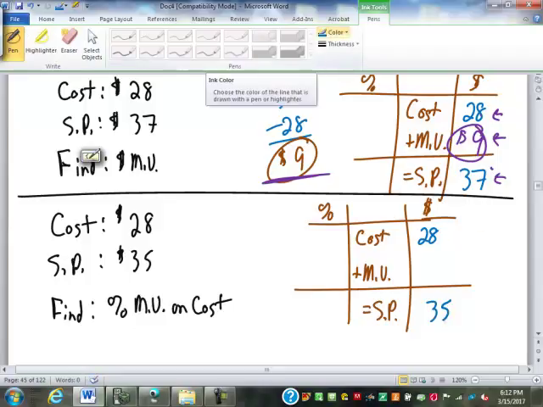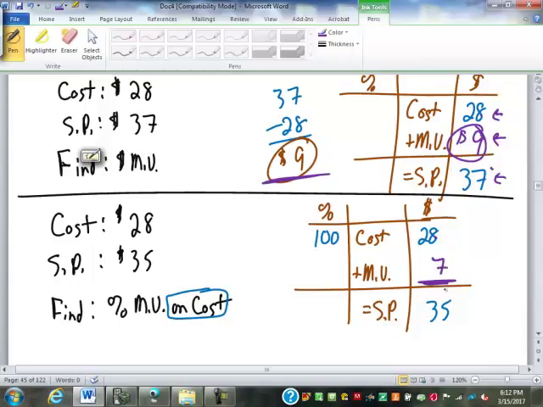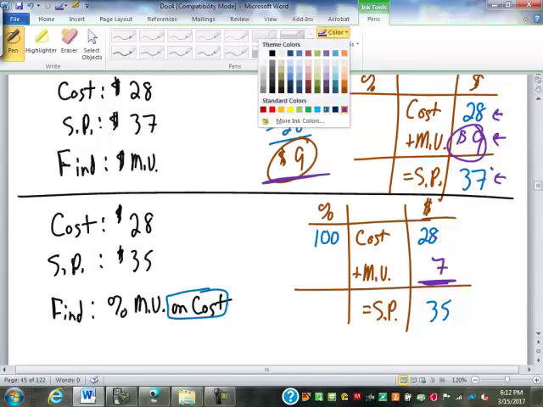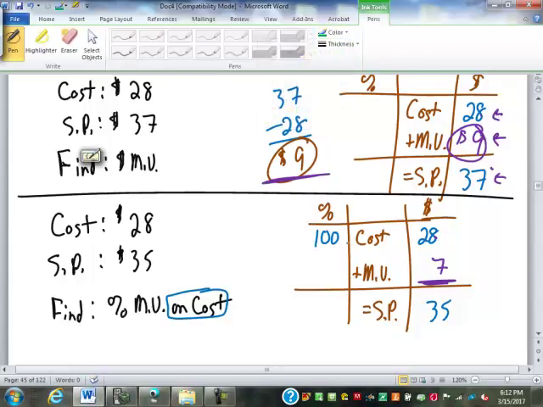We also know the 100. Where does the 100 go? On cost. So on the percent side, the 100 goes with the cost. Now there's one other number we can find really quickly here. What is it? Dollar amount of the markup. The difference between 28 and 35 is $7. What are we looking for here? Percent markup right there.